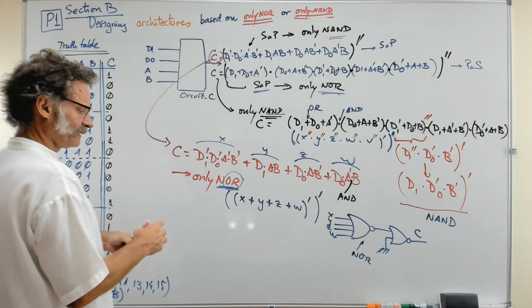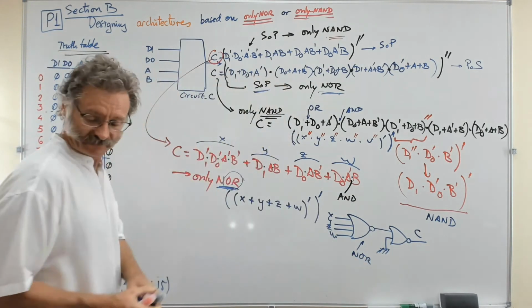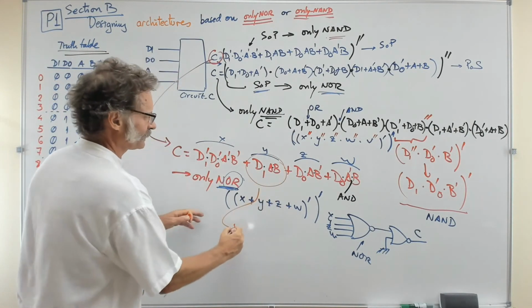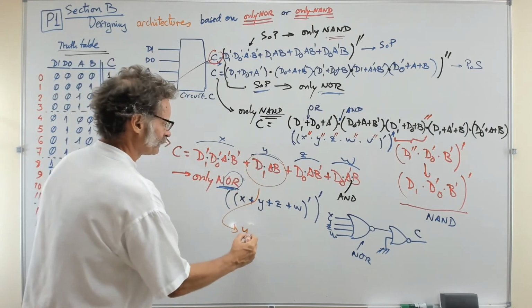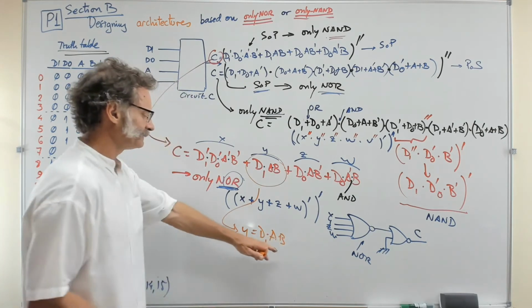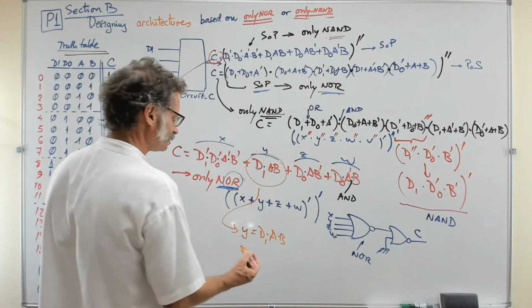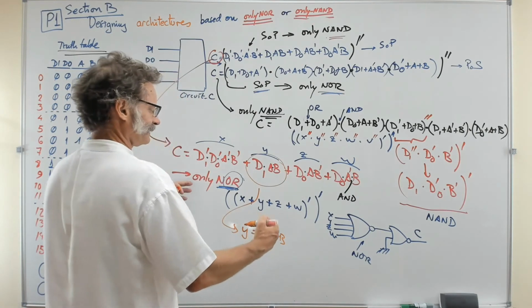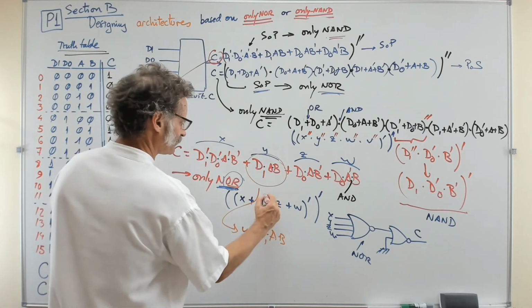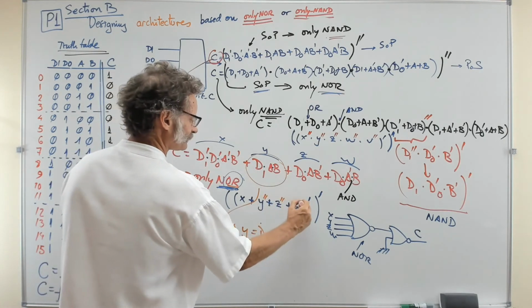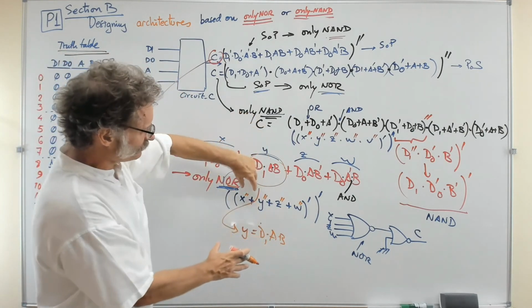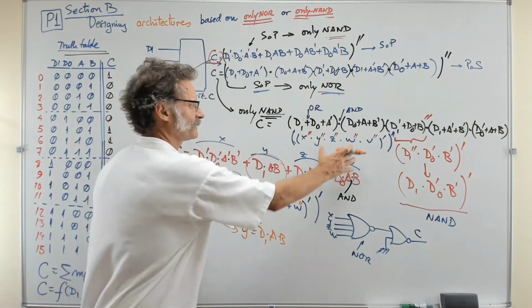For example, you can use this term, this is Y, and Y becomes D1 A B. Because what you want is an OR, you do such a thing as this: not not, not not, not not. Every one of these products can be inverted twice and nothing happens, the same as we did here.